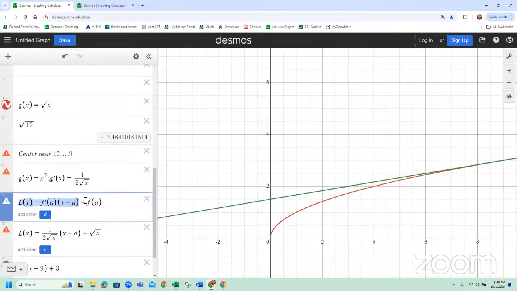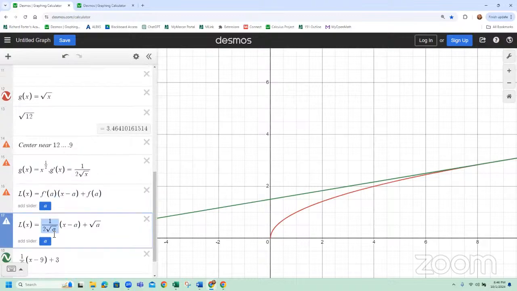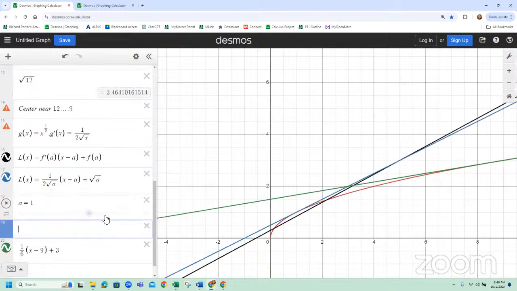Then I have the line, the tangent line at any point A. The derivative is 1/(2 square root of A), and the function is the square root of A. So I need some number near 12 that I can find the square root of. A number near 12 would be 9.